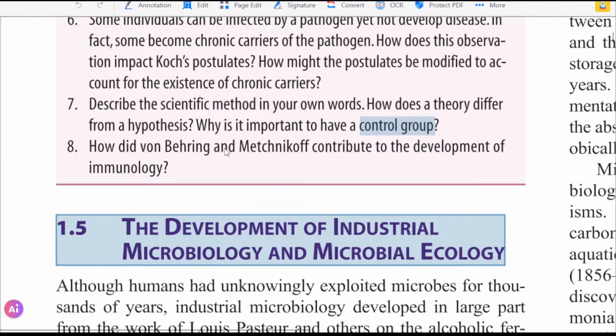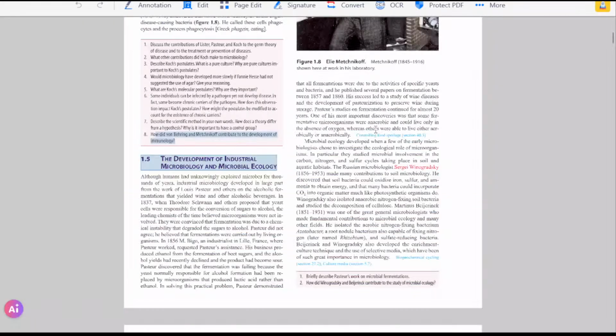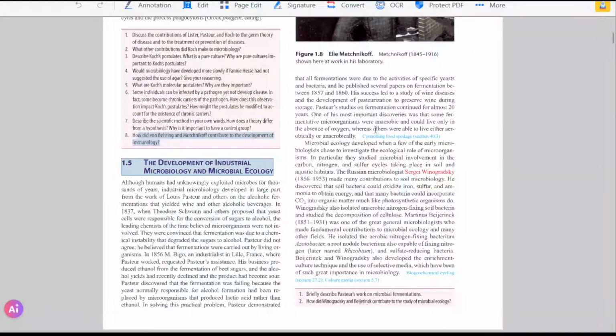How did von Behring and Mechnikov contribute to the development of immunology? Mechnikov, shown here at his laboratory. Well, Behring did discover viruses like the tobacco mosaic virus, and he did all the procedures which we already studied in the lab.